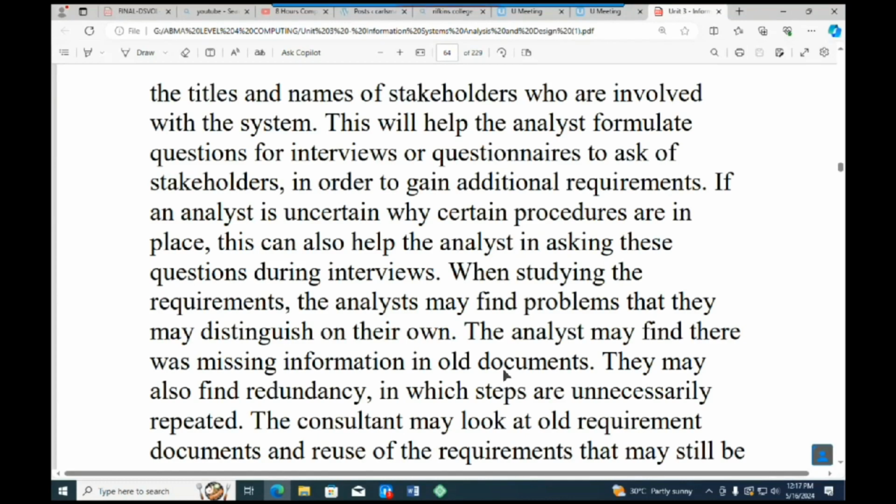If the analyst is not sure of maybe procedures that are in place, these documents can also help that analyst in asking questions during interviews.